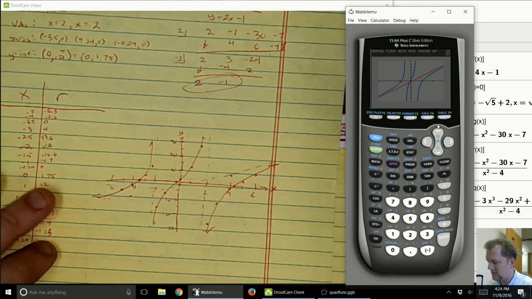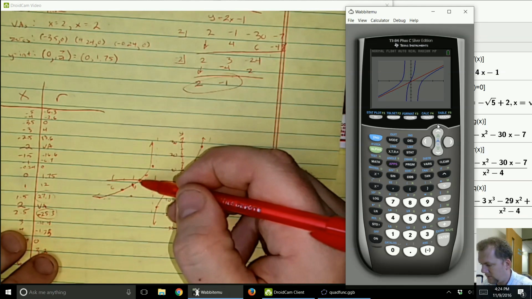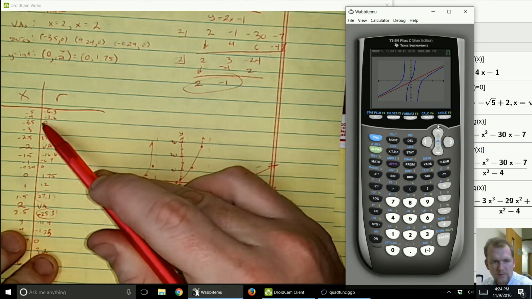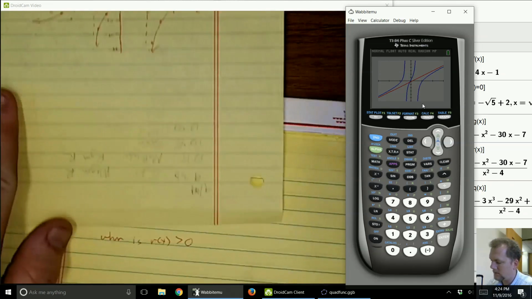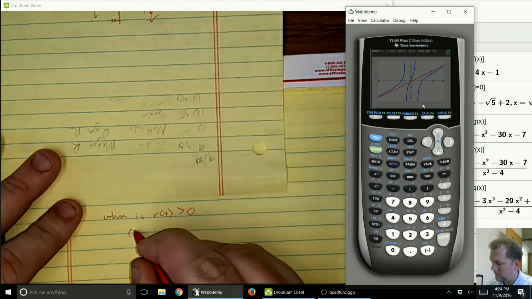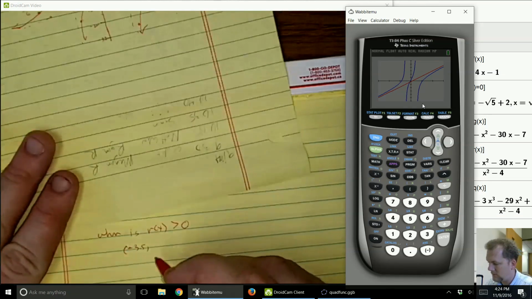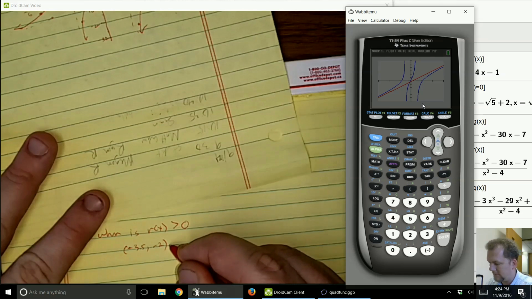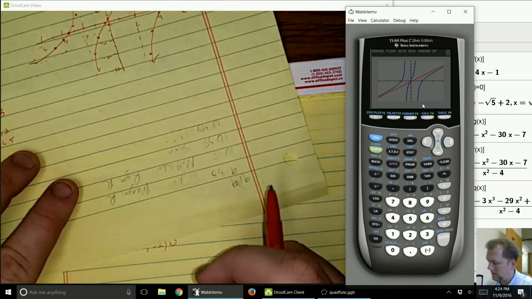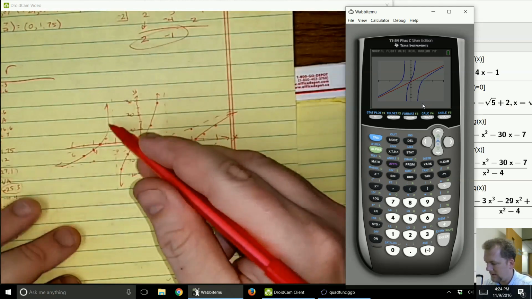So the first 0 was the negative 3.5 again. So negative 3.5, and we go up until this asymptote negative 2. Do not ever include the asymptote.